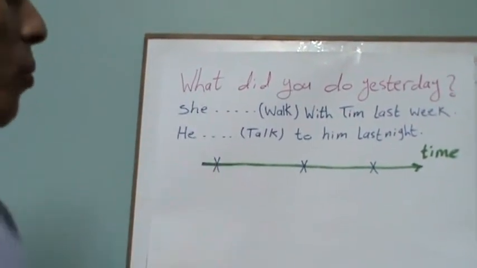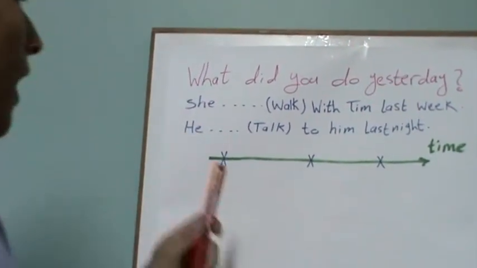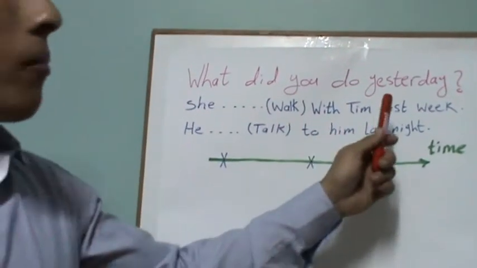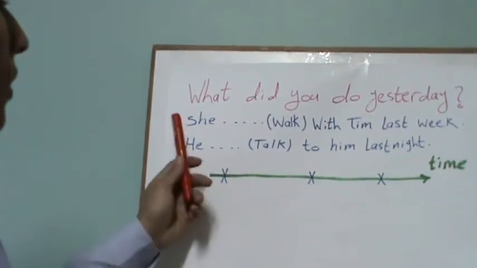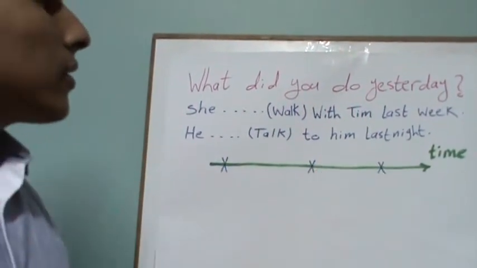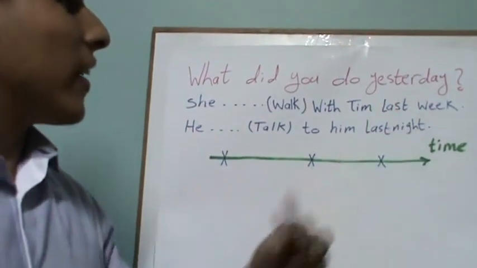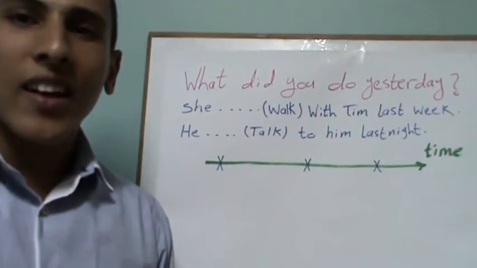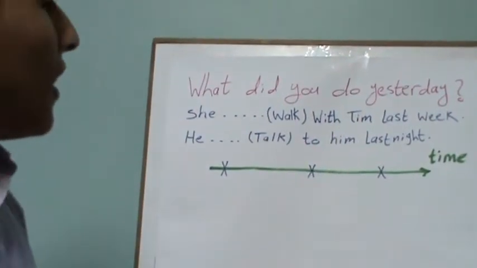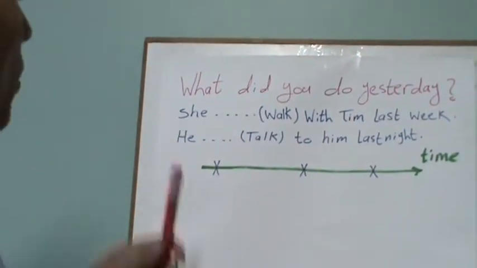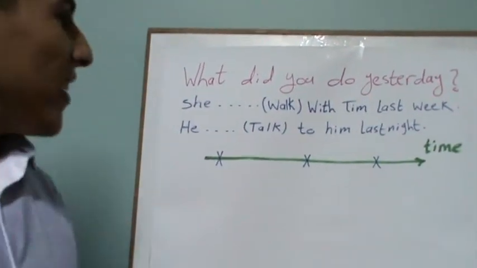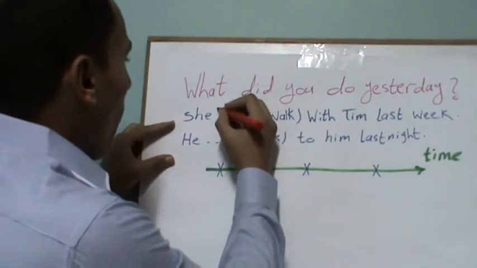For our warming up, we will have 2 sentences: she walked with Tim last week. What do you see in this sentence? Last week, yeah. It's a keyword. So this sentence is in past simple tense. How will walk be in past simple tense? Yeah, it will be walked.